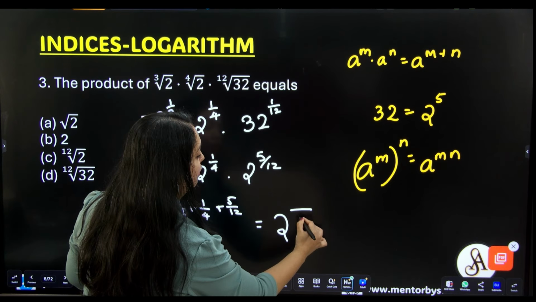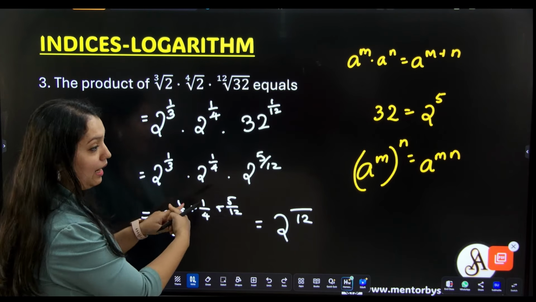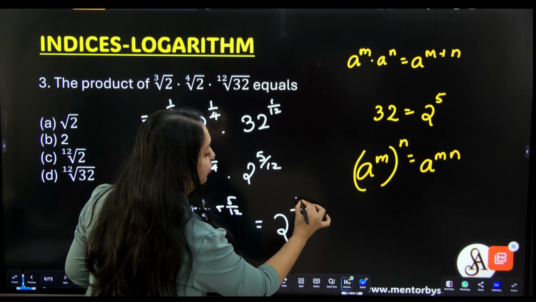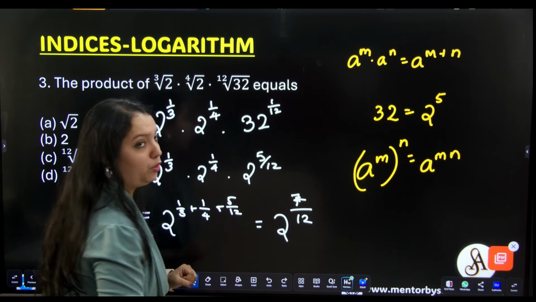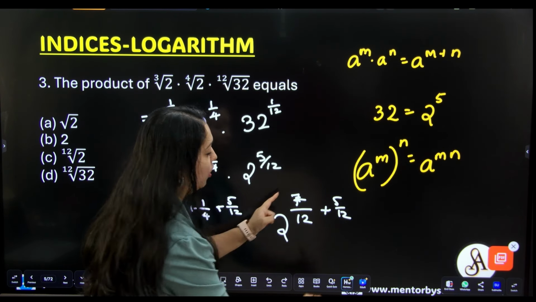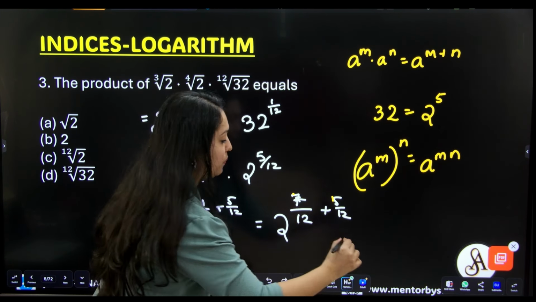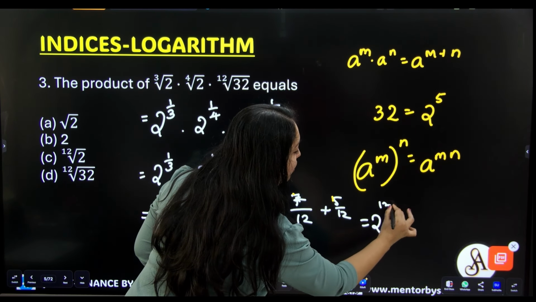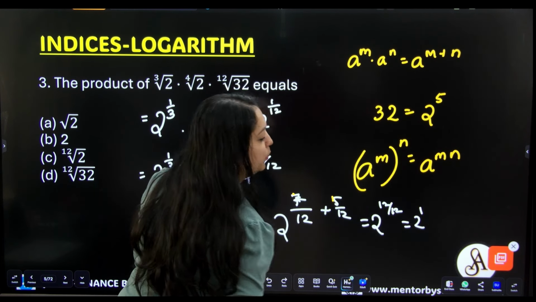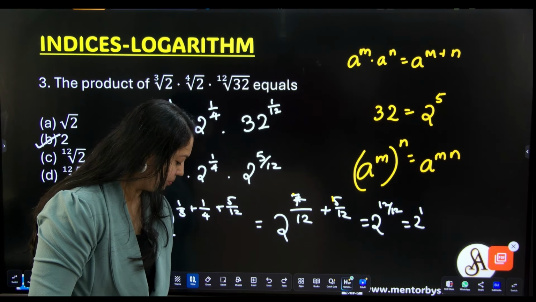Take the LCM, it will become 12. 4 ones are 4, 3 ones are 3, add them, 4 plus 3, you are going to get 7 divided by 12. Butterfly technique, plus 5 by 12. What is 7 by 12 plus 5 by 12? 7 plus 5, 12 by 12. 2 power 12 by 12 is nothing but 2 power 1. So, the final answer for this question is equal to 2.